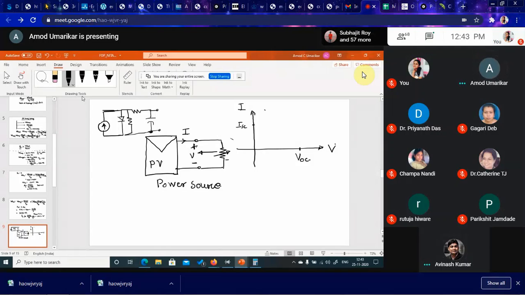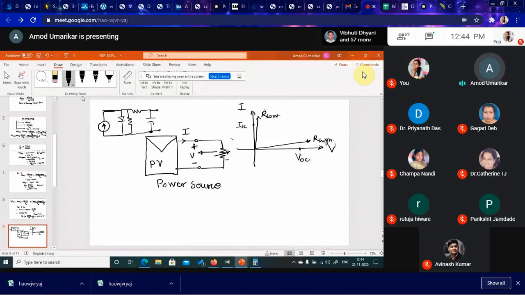For any IV plane, a very high resistor is towards the V axis, and a very low resistor is near the I axis. This is R high, and this is R low. So this will be the resistance.